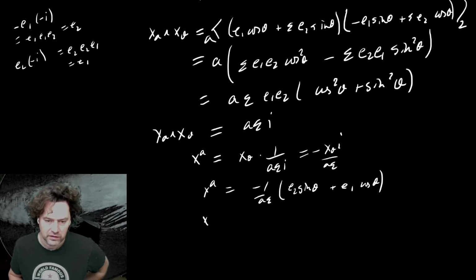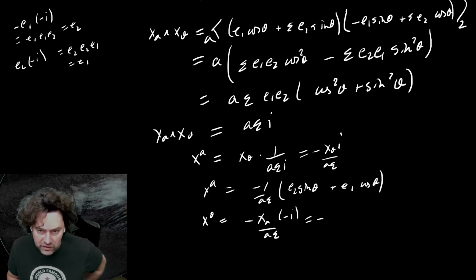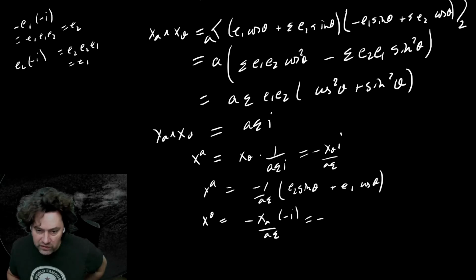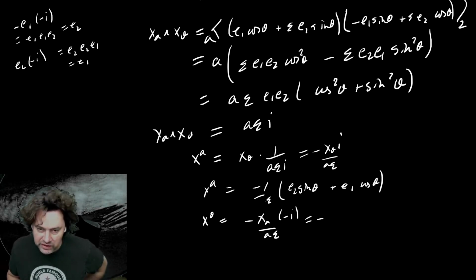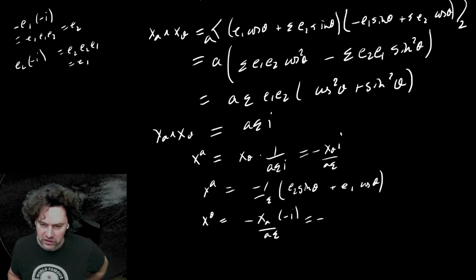And our x upper theta is going to be minus xa times minus I over A epsilon, which is minus, so xa, and this, there's a mistake here, there should be no A there, because there was a factor of A in x theta, and I dropped that in my inline evaluation.